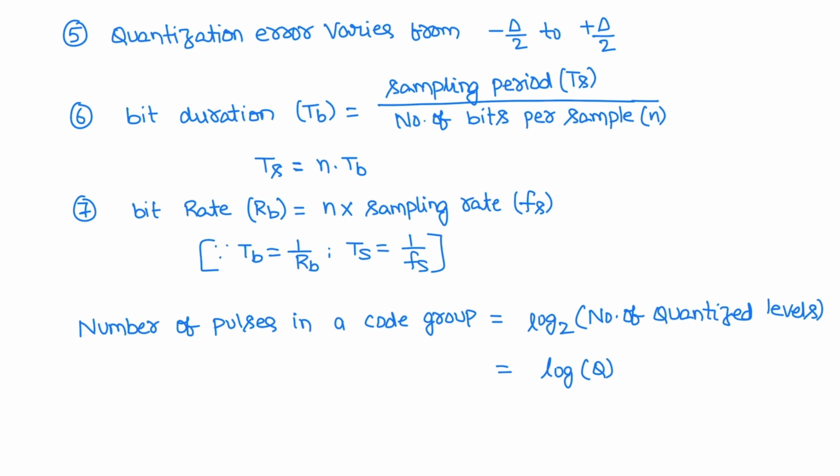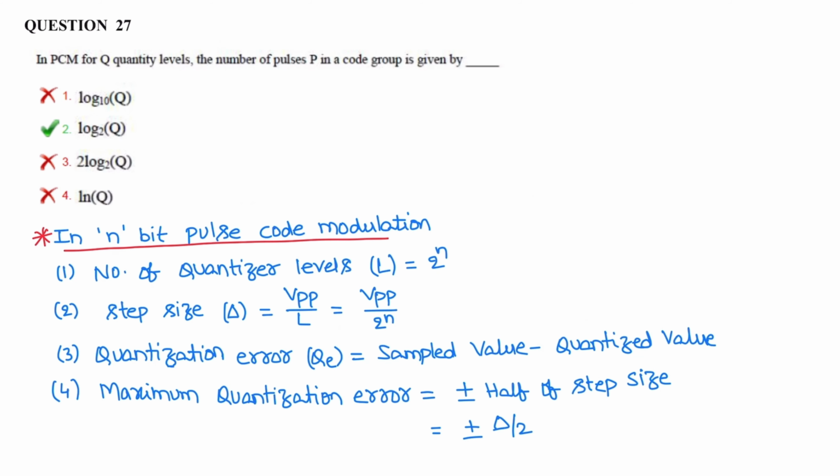Bit duration TB is sampling period by number of bits per sample, and bit rate RB is n into sampling frequency. The number of pulses in the code group is equal to log 2 of the number of quantized levels, that is log 2 Q. Quantized levels is represented as Q. So the correct answer is option 2.